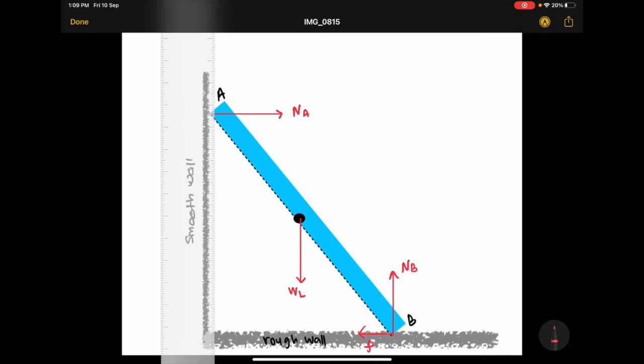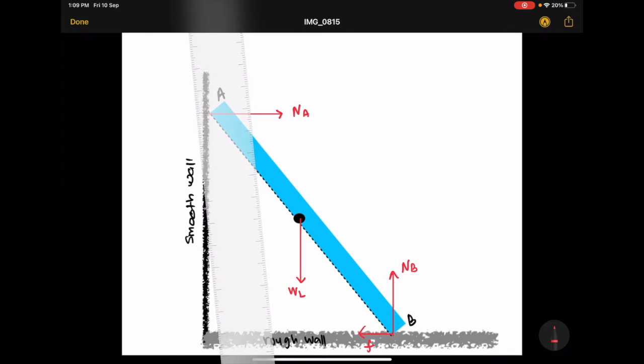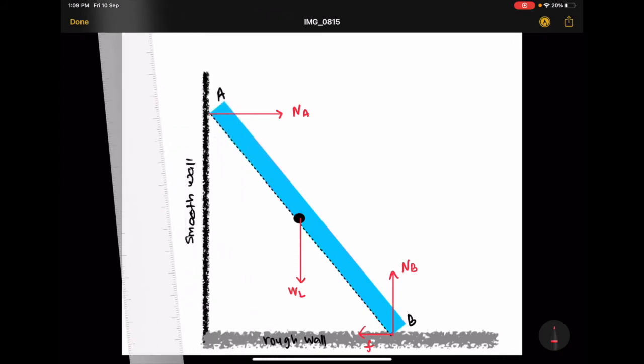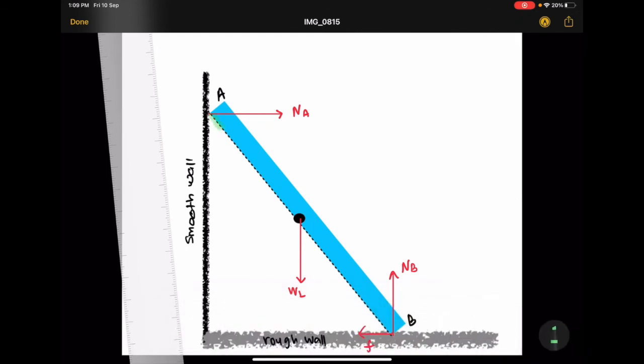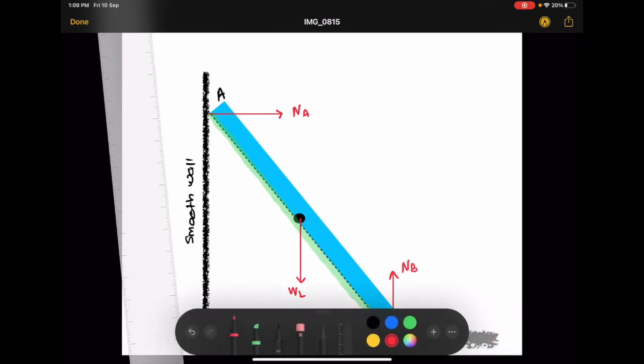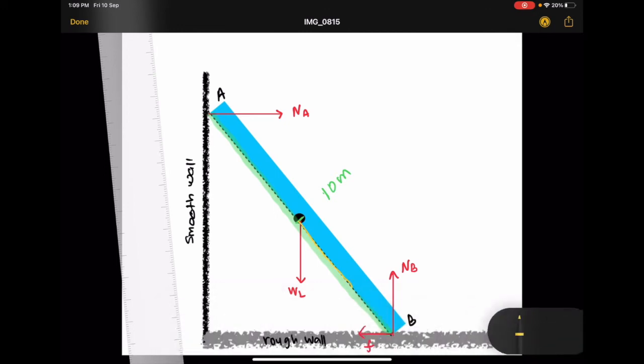And then our firefighter at 7 meter. We know that our length of this ladder is 10 meter. At the center, from here to here is 5 meter, means that 7 meter is around here.